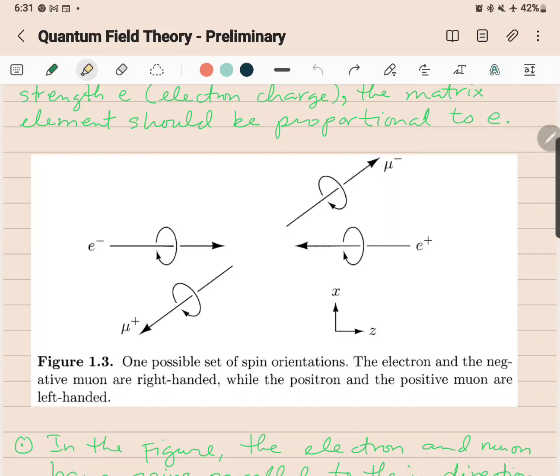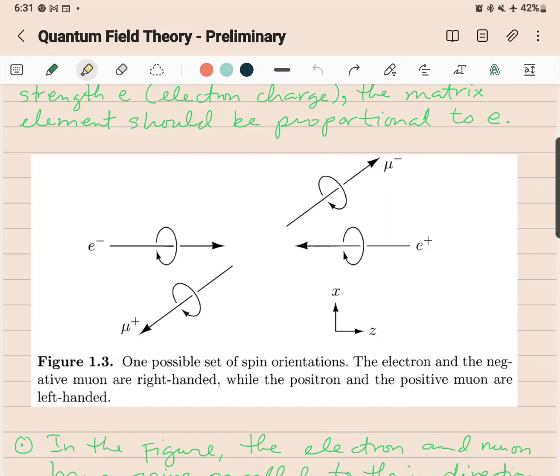So in this particular figure, you have an electron that is parallel to the beam, and then a positron that is anti-parallel to the beam spin. So one possible setup of spins would be the electron and the negative mu being right-handed.